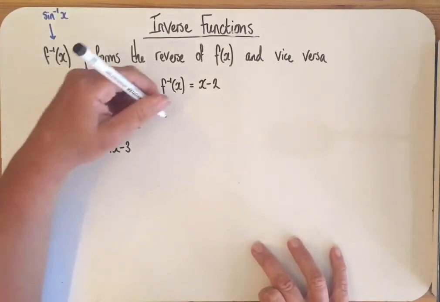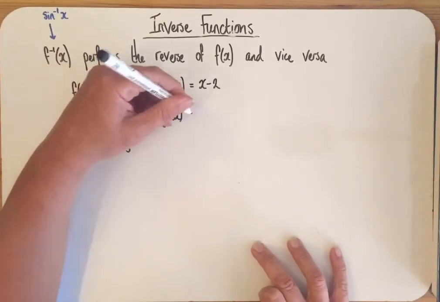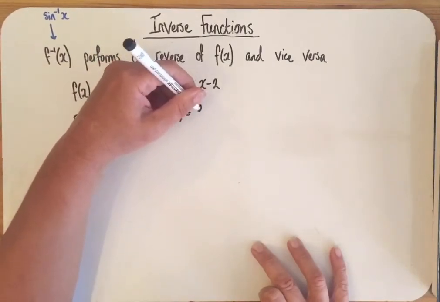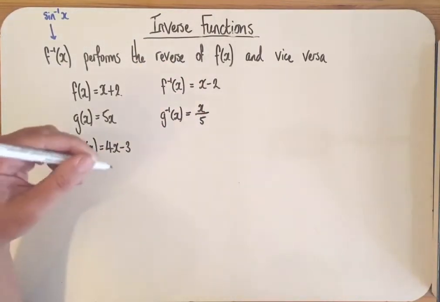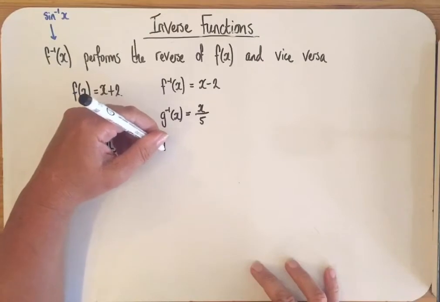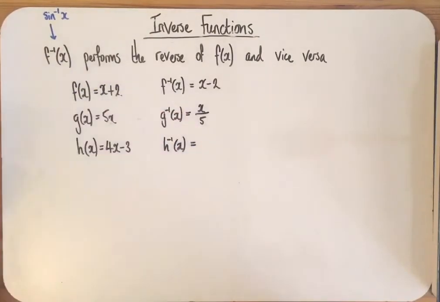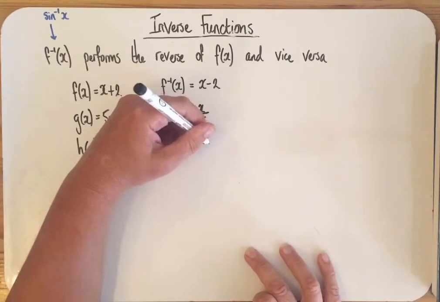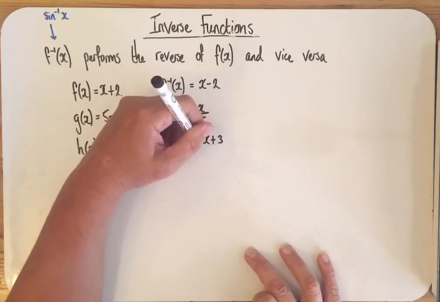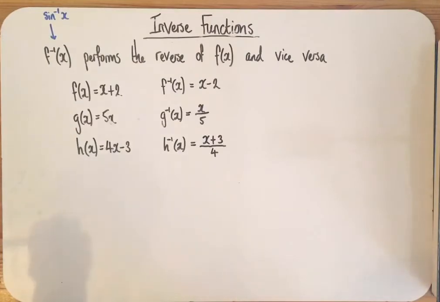If g of x is 5x, the inverse of g of x is x divided by 5, and the inverse of h, if you want to undo timesing by 4 and take away 3, then the first thing we're going to have to do is add 3 on and then divide by 4.